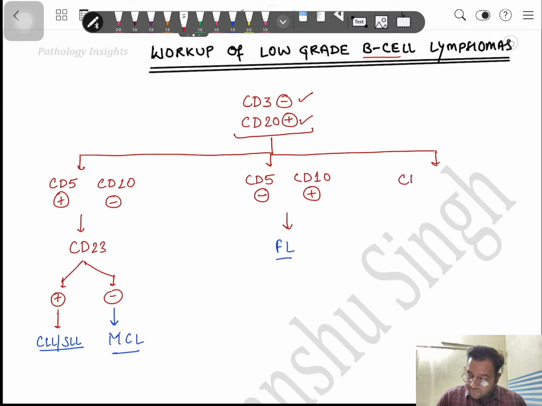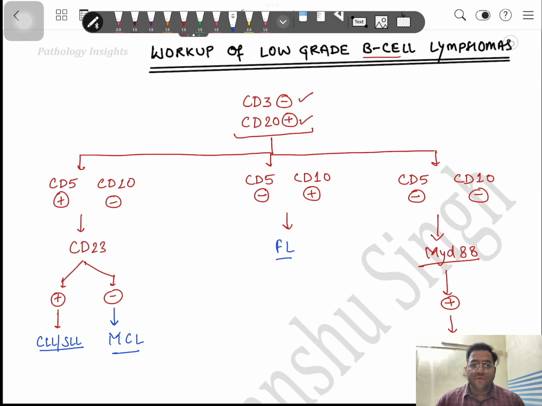Then last option we have CD5, CD10, both are negative. Then we look for MYD88 mutation. If it is positive, then it is basically LPL, lymphoplasmacytic lymphoma.